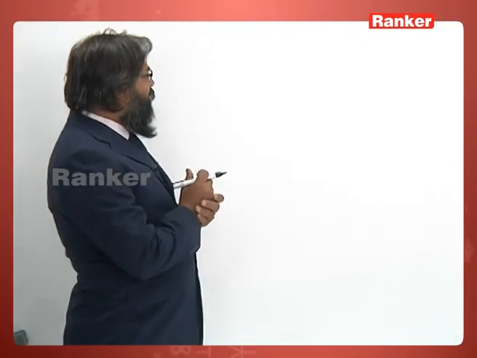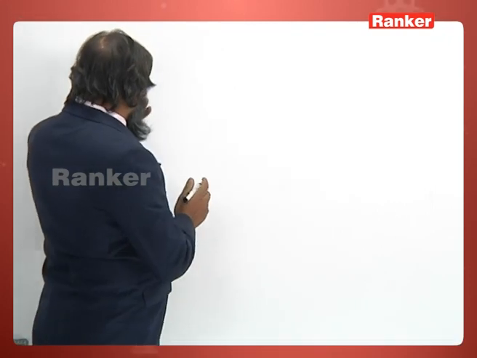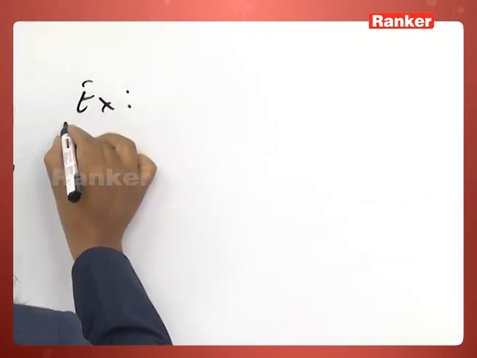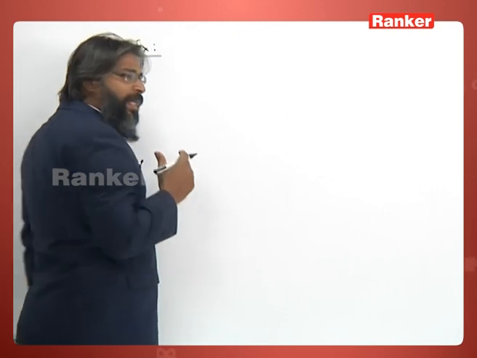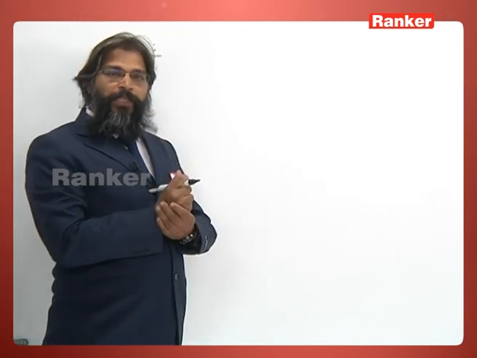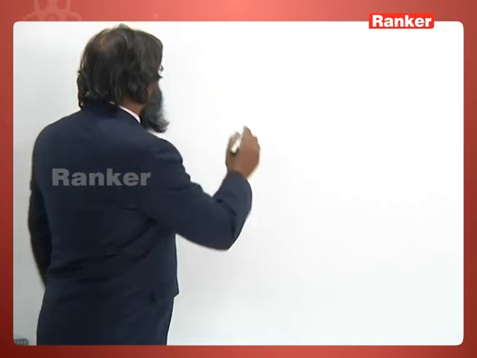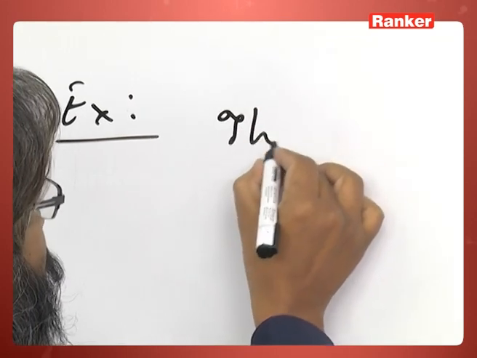Now let us take one example to see how amplitude modulation takes place. So this is an example. During amplitude modulation, we have found that the maximum amplitude is A max and the minimum amplitude is A min in the modulated carrier wave.